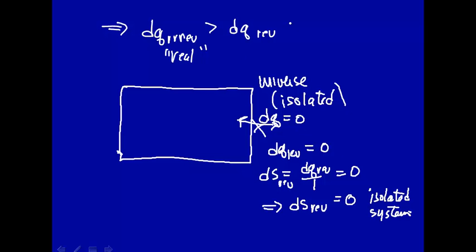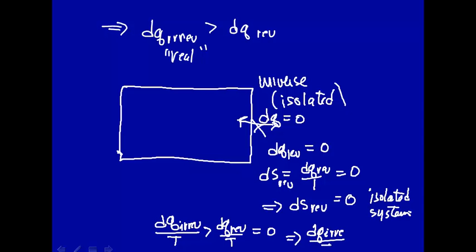All right. Now, we said that dQ irreversible is greater than dQ reversible, so that dQ irreversible over T is greater than dQ reversible over T, and that is equal to 0. So this implies that dQ irreversible over T is greater than 0 for an isolated system.